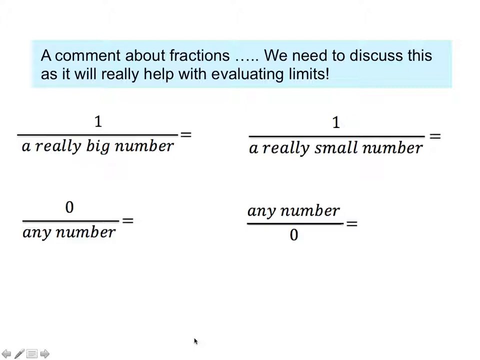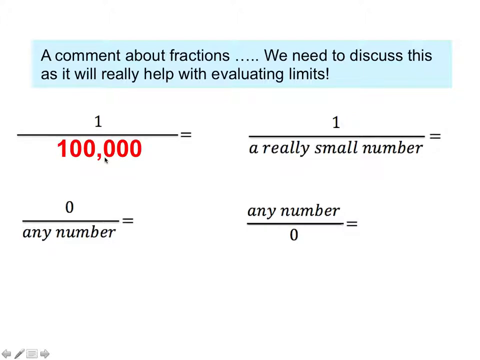Just a comment before we jump into algebraic evaluation of limits. It's just a comment on fractions. All these fractions we are able to determine their values. So 1 over a really big number, like 10's not so big, but 100's getting bigger. 100,000 would even be bigger.